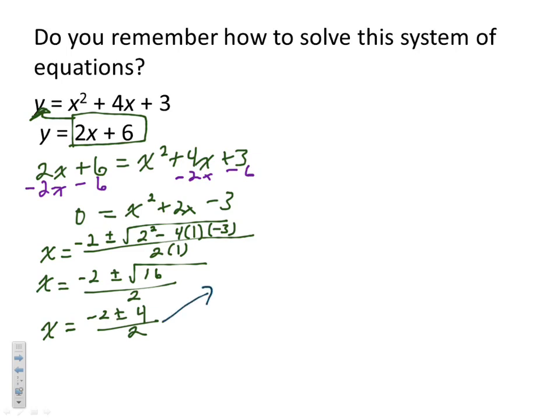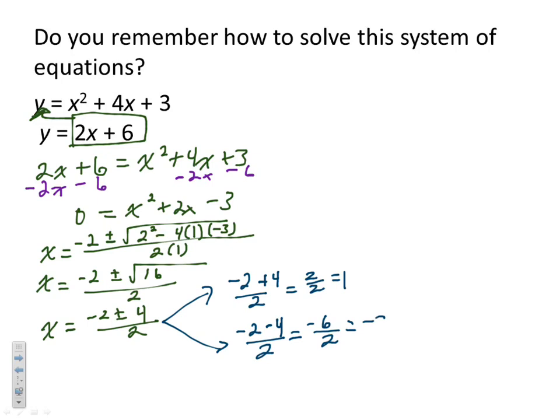I have negative 2 plus 4 over 2, which is 2 over 2, which equals 1. And I have negative 2 minus 4 over 2, which equals negative 6 over 2, which is negative 3. So I end up with two solutions for x: x equals negative 3 and 1.